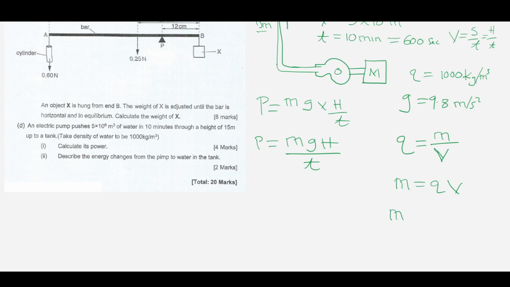So our density is 1000, and our volume is 5 times 10 power 6. So this will give us the mass of 5 times 10 power 9. This is in kgs. So this is what we're going to use there.